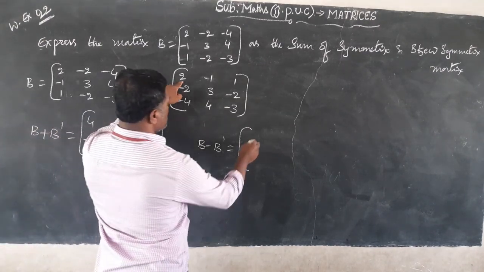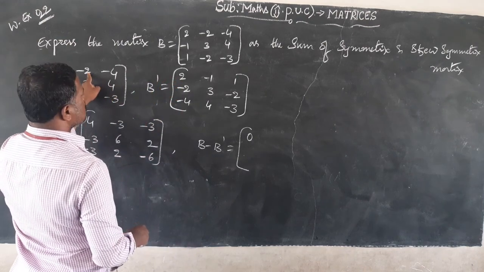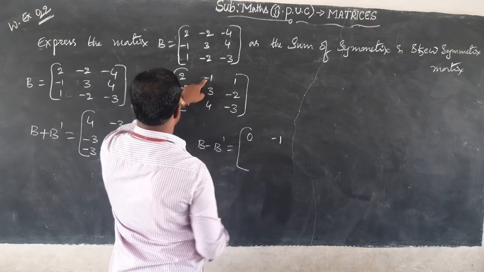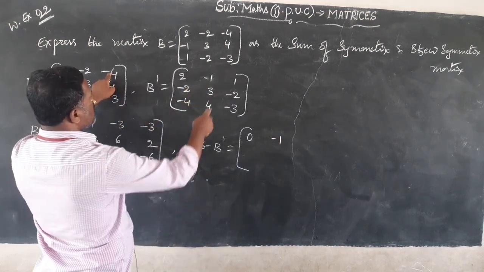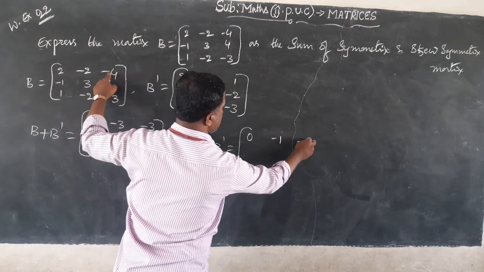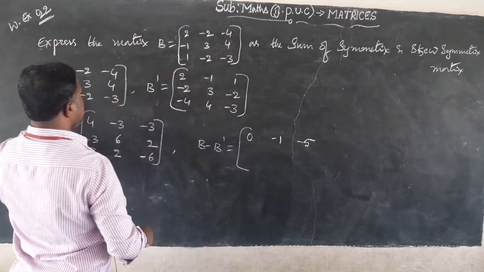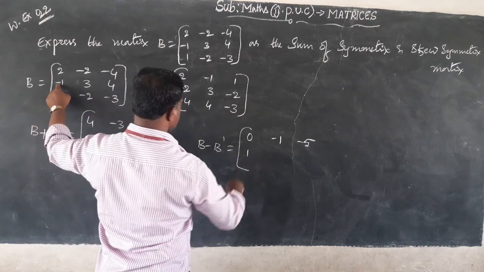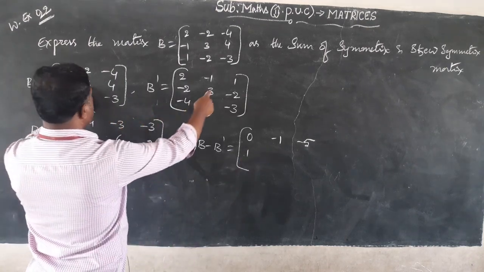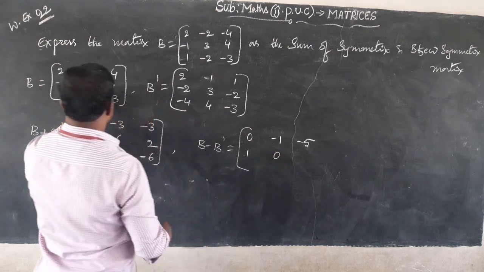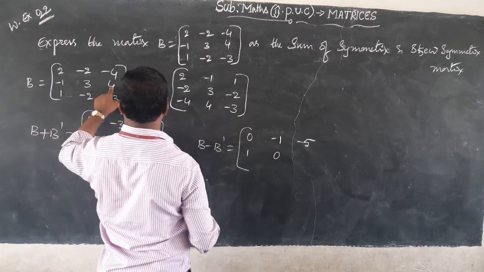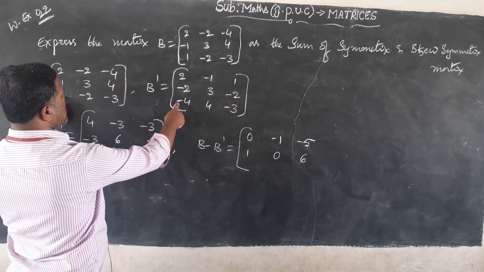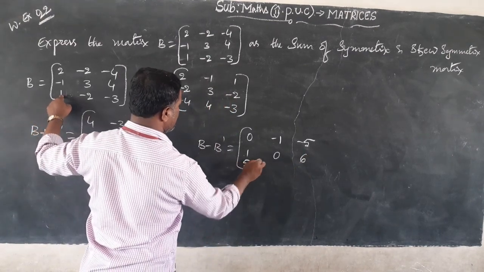2 minus 2, that is 0, minus 2 minus into minus plus 1, that is minus 1. Understand children? Minus 4 minus 1, that is minus 5. Minus 1 minus into minus plus 2, that is 1. 3 minus 3, 0. 4 minus into minus plus 2, that is 6. 1 minus into minus plus 4, that is 5.